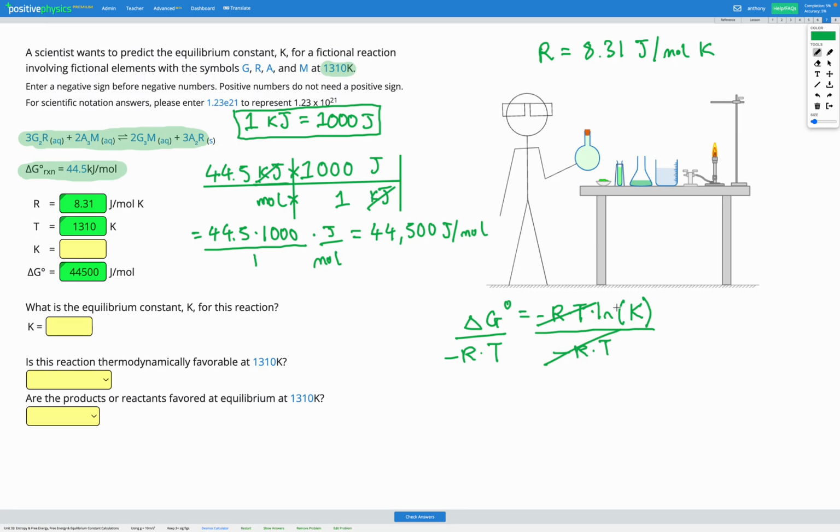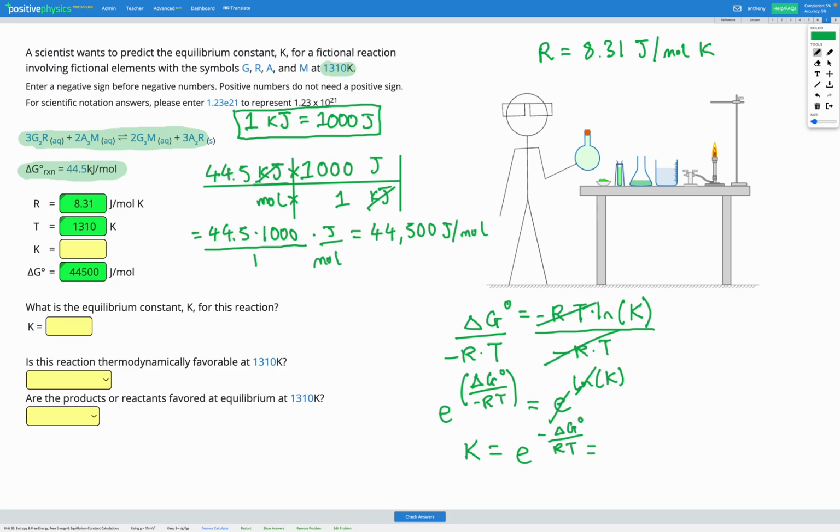Now, to get rid of ln, I need to use the inverse function of ln, which is e to the power of. So if we do e to the power of delta G naught over negative RT, that's going to be equal to e to the power of ln K. And e to the power of and ln are inverse functions, so they cancel out. So we're going to end up with K is equal to e to the power of negative delta G naught divided by RT.